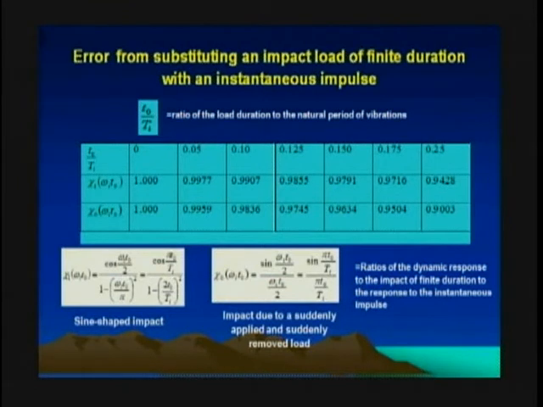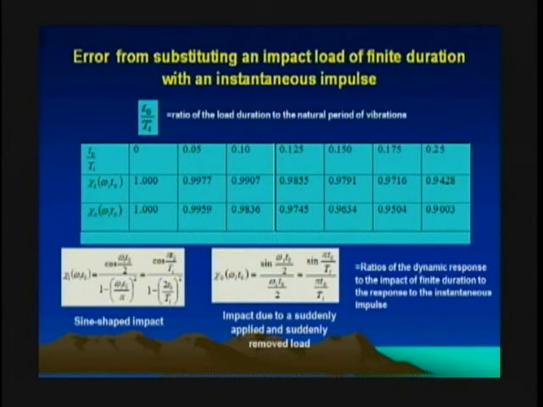But what I did, I applied an instantaneous impulse, and then I examined the situation. What if, because it's clear that the area under the curve is an impulse.